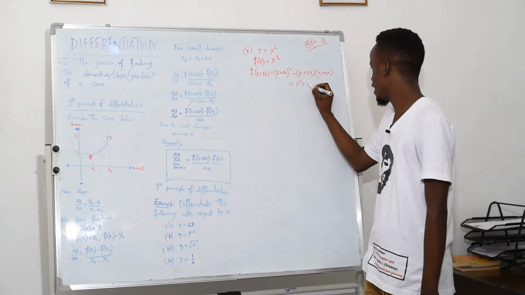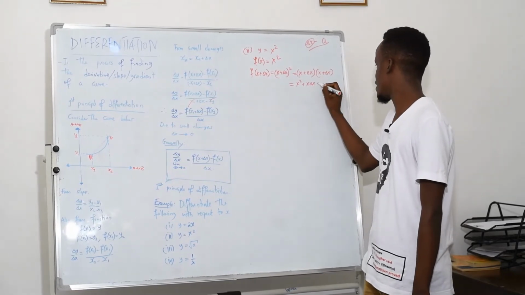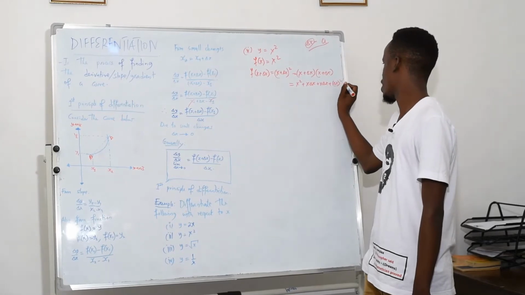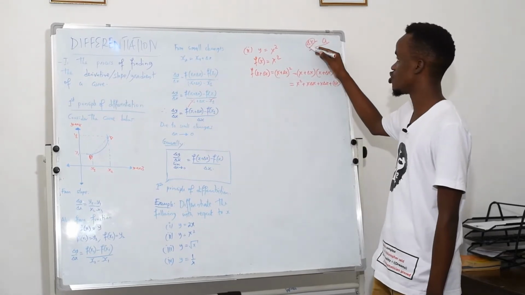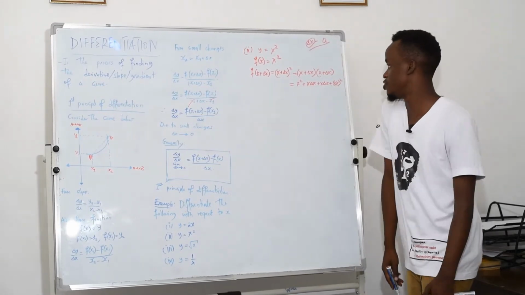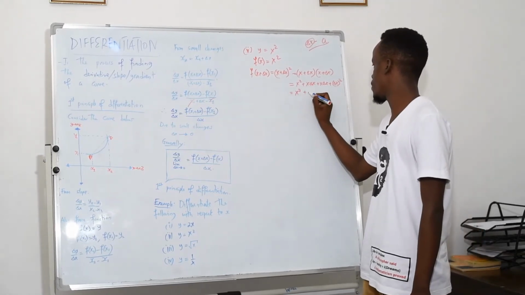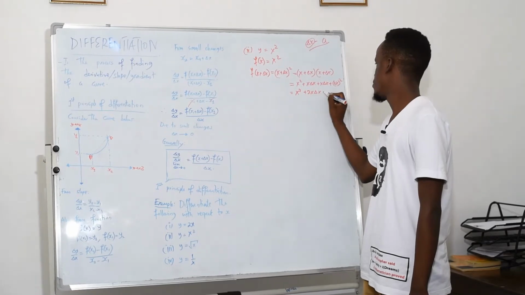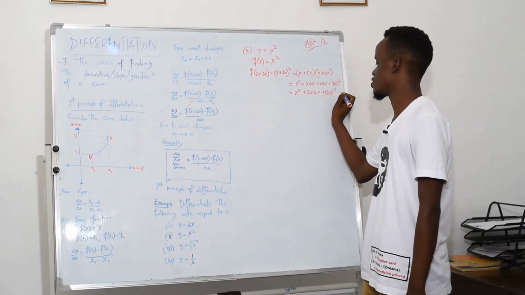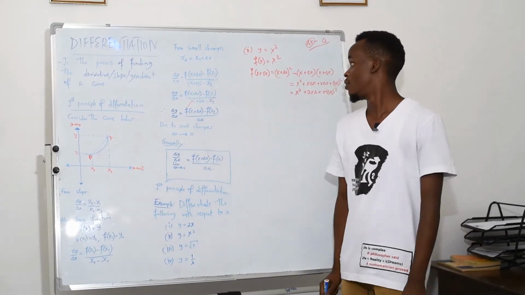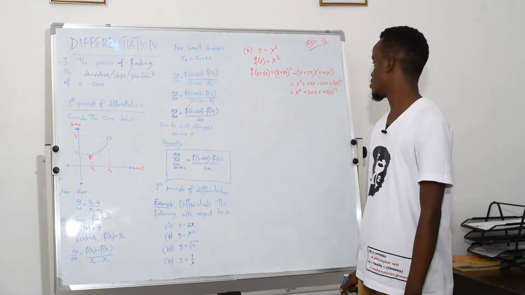Therefore you'll have x change in x plus x change in x plus change in x, bracket squared. As I said earlier, change in x equals maybe a. Therefore, you collect the like terms: x squared plus 2x change in x plus change in x, bracket squared. This is the value of f of x plus change in x as our question is asking.